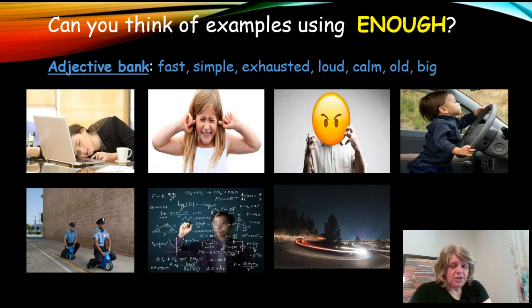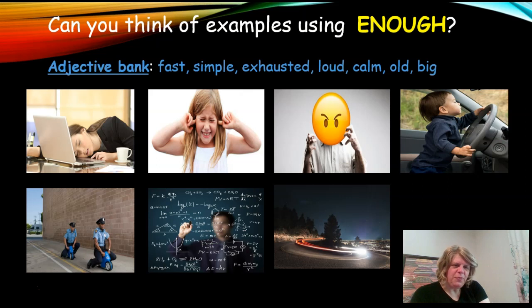We can use exhausted again, and we can say she was exhausted enough to fall asleep in front of the computer. If we look at the second picture, we can use the adjective loud again. What can we say here? Yes, we can say the music was loud enough for her to cover her ears.